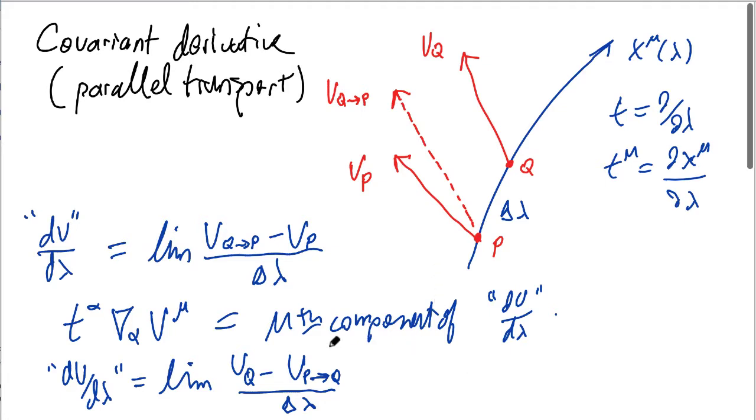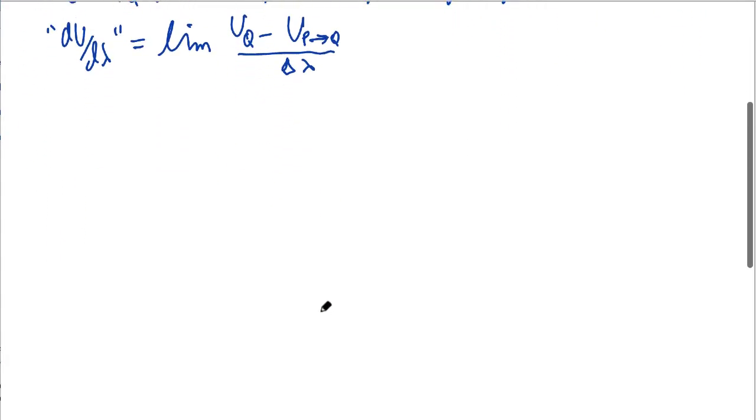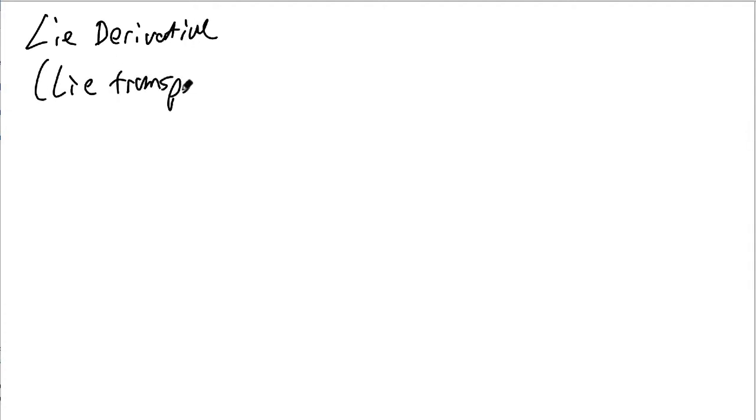So now let's look at the Lie derivative, which is based on the concept of Lie transport. So we start with the same construction. We have a world line parameterized by lambda.